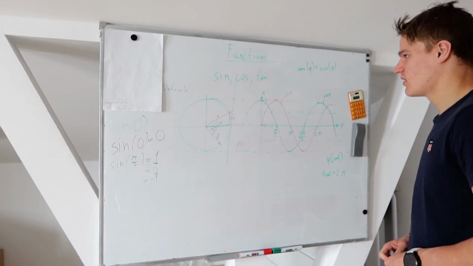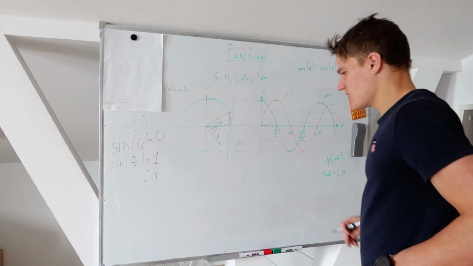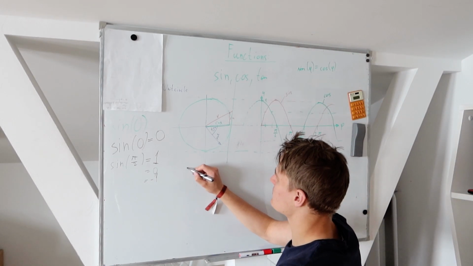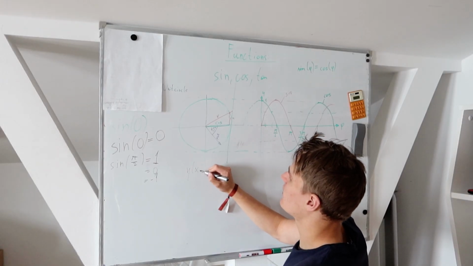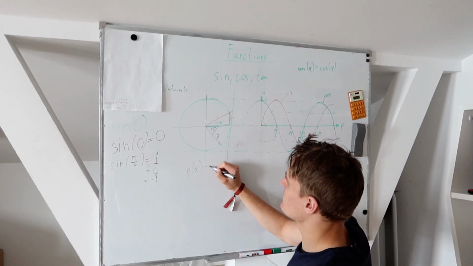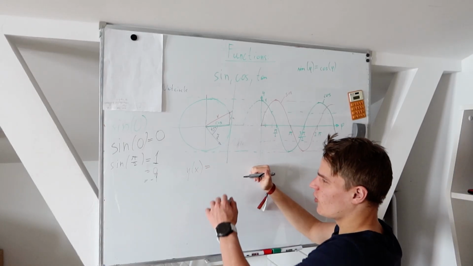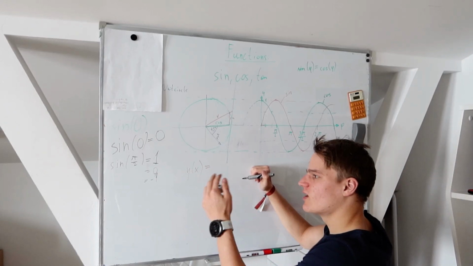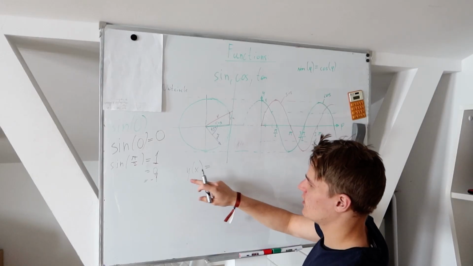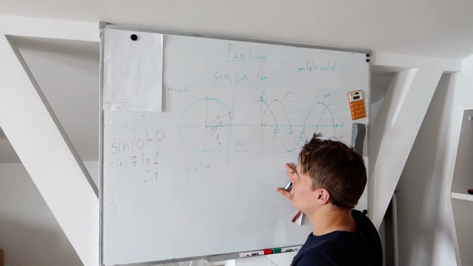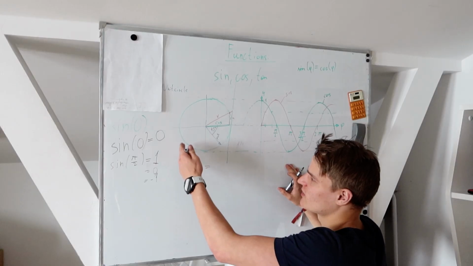What can we do? So the basic, I'm just going to write this as y of x, right? I'm not going to write y of phi anymore because we have always done it like this, and so I think you guys understand this better if I just write y of x, right? So what do you guys think we can do, right? Well, what can we do with the circle?